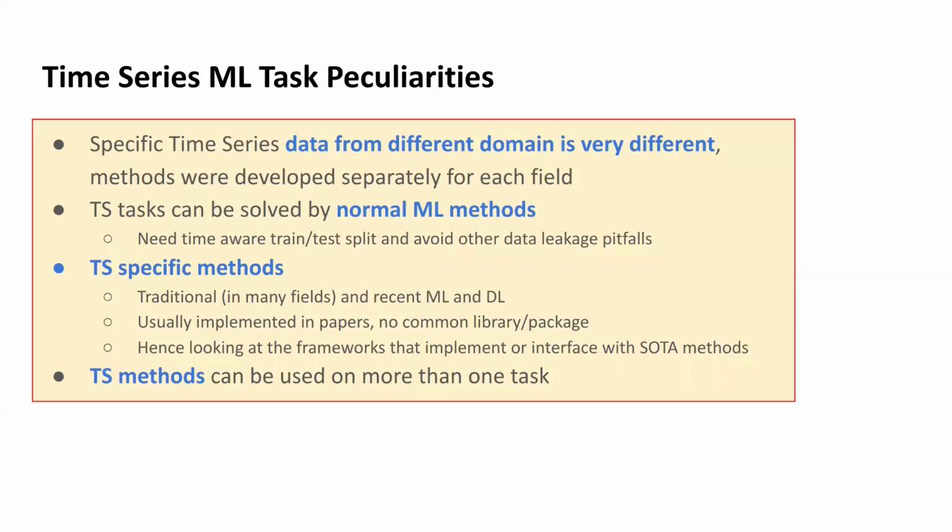So what I wanted was a tool that will give me all the packages, so I don't have to decide what method to implement or bring into my code base. And yeah, that's why I'm looking for a framework.